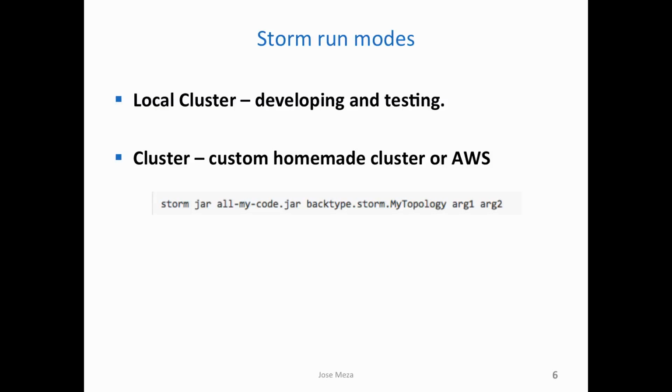There are two run modes for Storm. One is the local cluster, which is used for developing and testing, and all you need is just your local machine. The second form is cluster. With the cluster, you can run on multiple machines, whether it be a custom homemade cluster or on Amazon Web Services, or AWS.